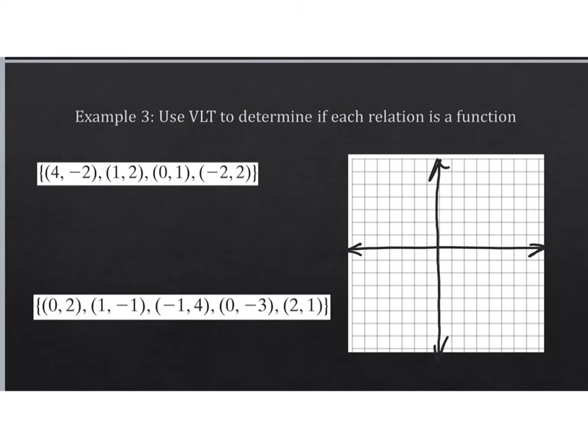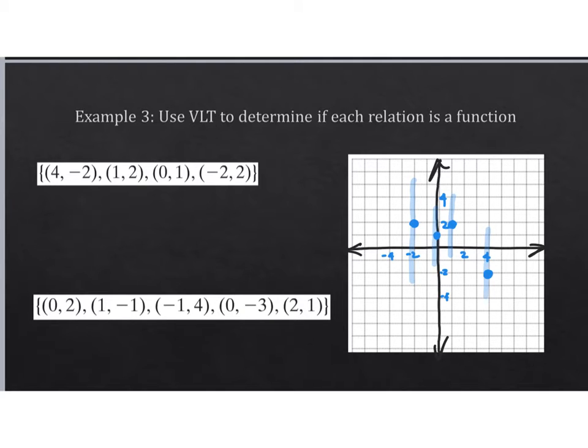All right, for example 3, it says use the vertical line test to determine if each relation is a function. So if I graph the point 4, -2, 1, 2, 0, 1, and -2, 2, I get something that looks like this. Now, if I draw a vertical line through each one of these points, I do not hit another point.